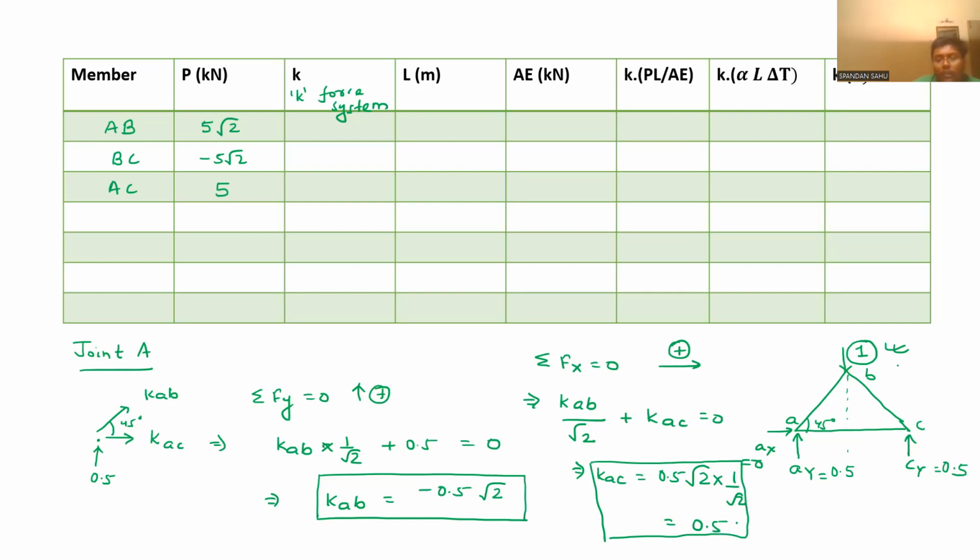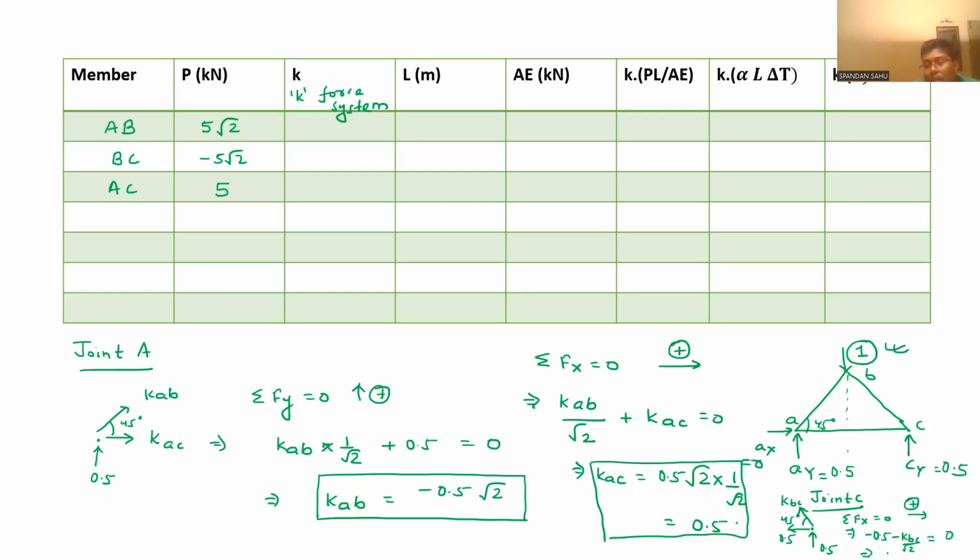Similarly, when we take this joint C, this is the free body diagram. FAC we know already 0.5, and this we need to determine, KBC, and this is 45 degree. So we can directly write summation of Fx equal to 0, this direction to be positive. So minus 0.5 minus KBC cos 45, that is 1 by root 2, will be equal to 0.